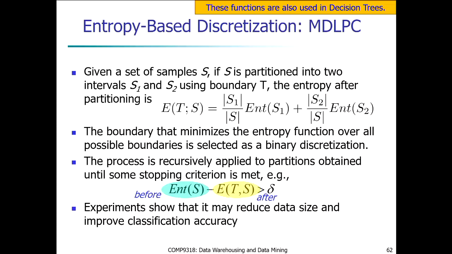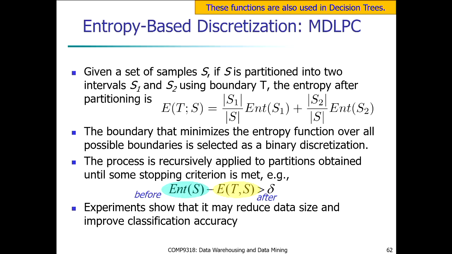The details about how to use this method to do the binning are really out of scope. But the general idea is, if you think about a one-dimensional case, you have some triangles and some rectangles.